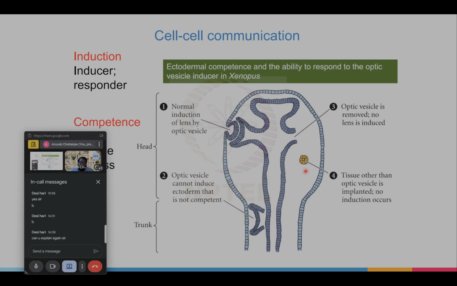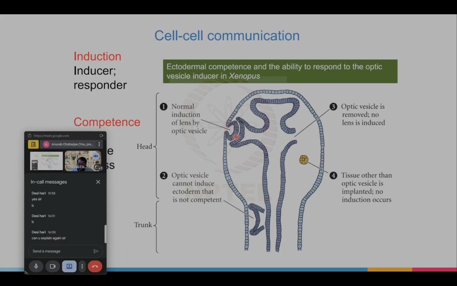And then if they transplant a different tissue, this guy cannot throw the ball at all. So even though again there is a catcher present who will catch it, if you throw it correctly, this person cannot throw the ball at all. So again, even though there is a competent cell layer here, if there is no proper induction or a cell type that induces the change, there is again no lens formation.